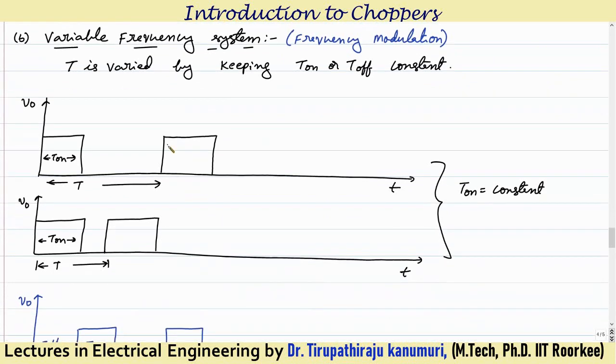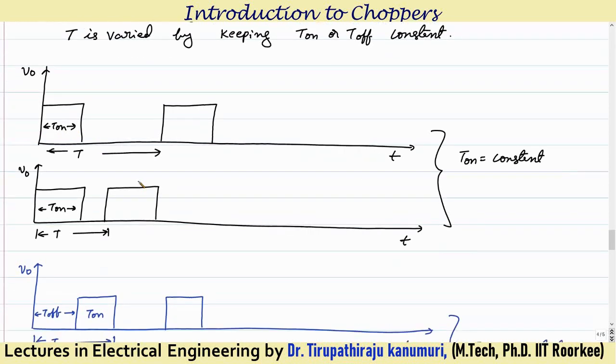Then the second type is the variable frequency system. That means it is also called frequency modulation. In this case, the time period T is varied by keeping the T on or T off constant. So the on period or the off period can be constant, but the total time period is varied. Let us take for example, I am maintaining the T on constant and varying the total time period.